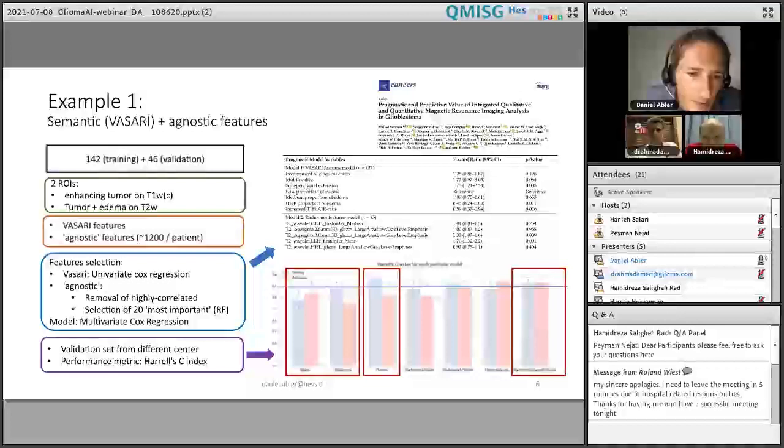And what you can see here is that both those Vasari features, the semantic features, and the agnostic features separately have a worse performance than when both features are combined. I'm sorry, there's no box.